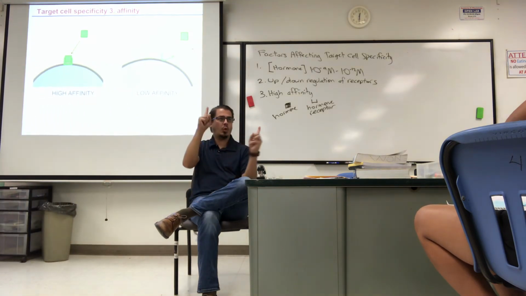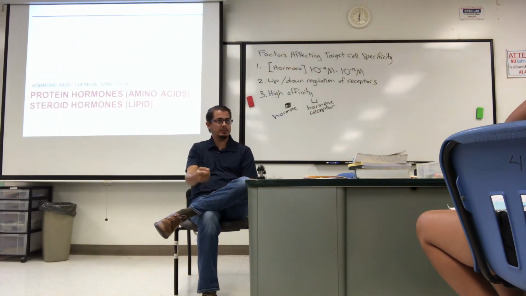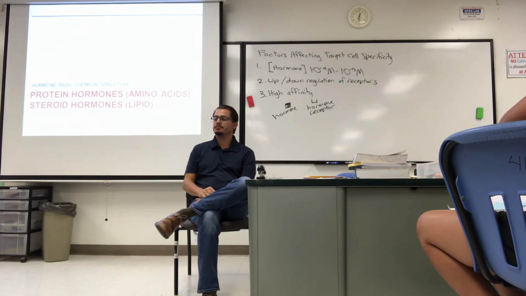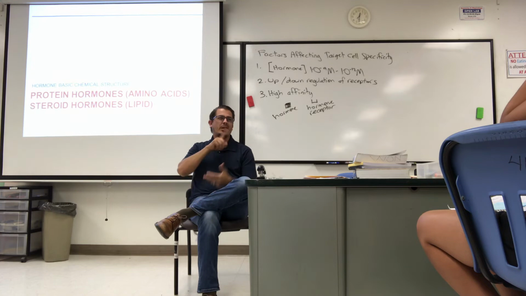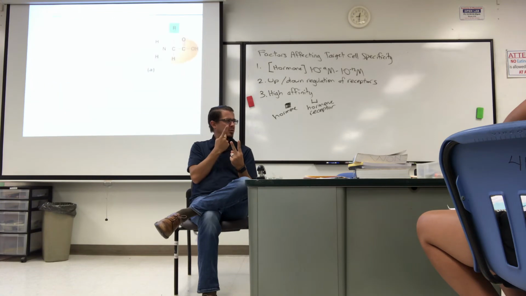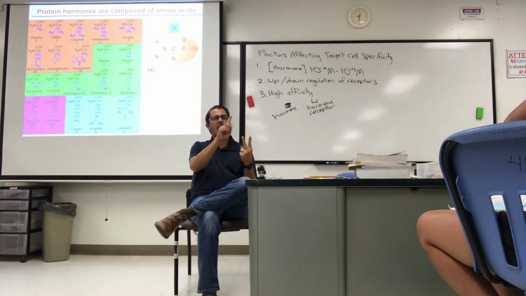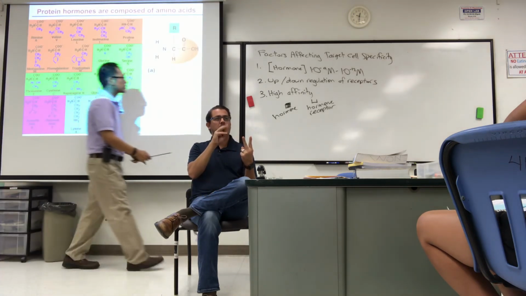So now we can start to talk about the different varieties of hormones. There are three categories. I boil it down to two: proteins and steroids. Proteins, the monomers are amino acids.